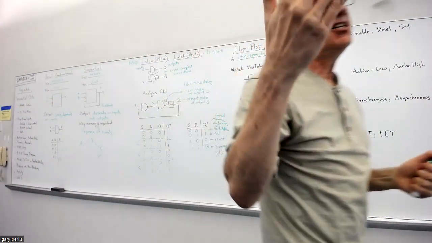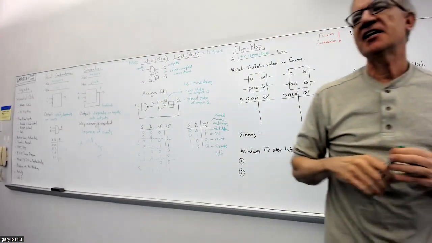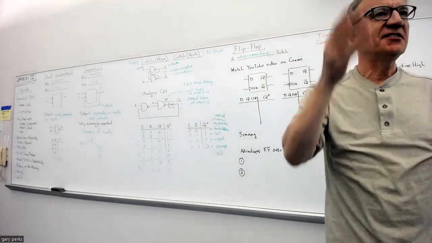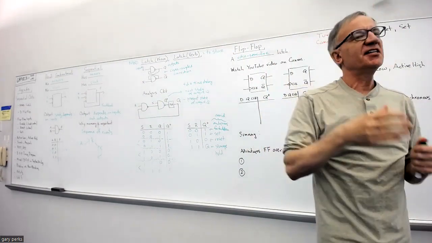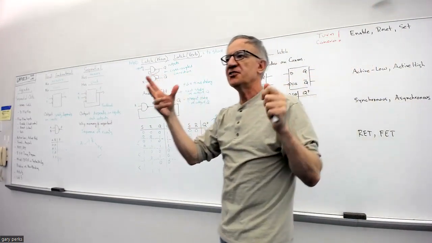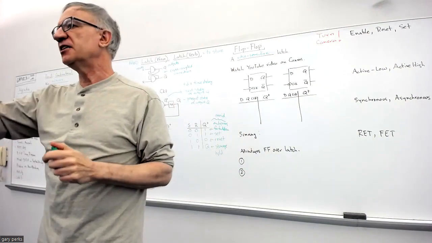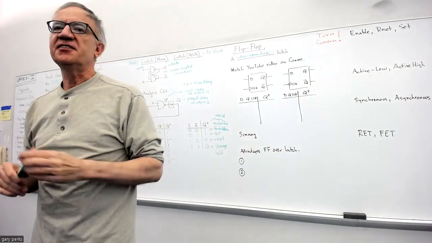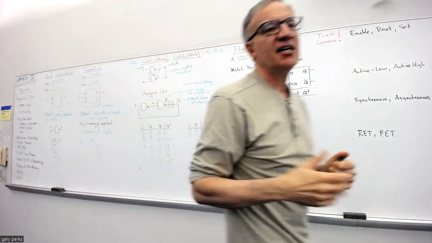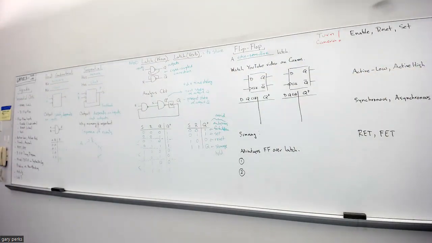But that video does a much better job than I could ever attempt to do in class because it uses animation, which I think is really necessary to understand how that circuitry gives you this thing called edge sensitivity. So I encourage you to watch that video. It's like a 15 or 20-minute video. It's not that long, but it's well done.